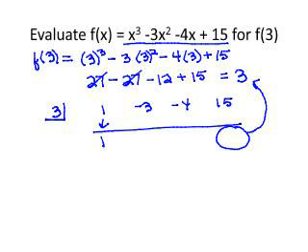All right, so this is 1. 1 times 3 is 3. Negative 3 plus 3 is 0. 3 times 0 is 0. Negative 4 plus 0. 3 times negative 4. And we add, we get 3. Oh, that's an ugly 3, but it's 3. So yes, it does equal each other. So there's an example of the remainder theorem.